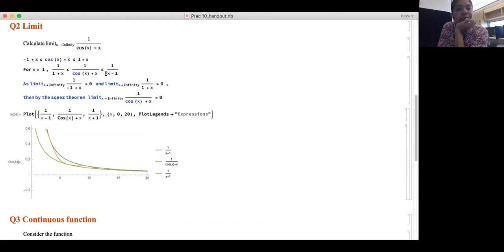If it is less than 1, then that's a negative number. So that's why. Hang on, maybe I got this wrong. So if x is bigger than 1, that's positive. That's also positive.